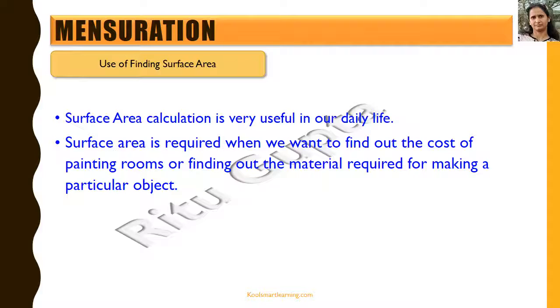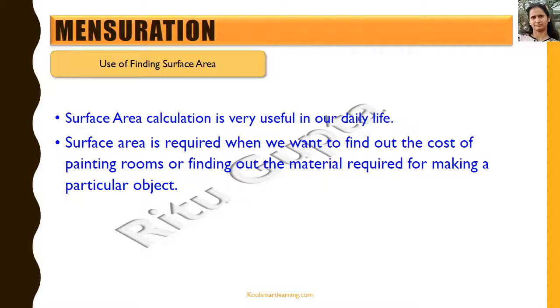To find the cost of painting the room, we'll first have to find out how much area is to be painted, and then multiply that with the cost per square meter or per square centimeter or whatever the units are, and then we'll get the final cost of painting the room.